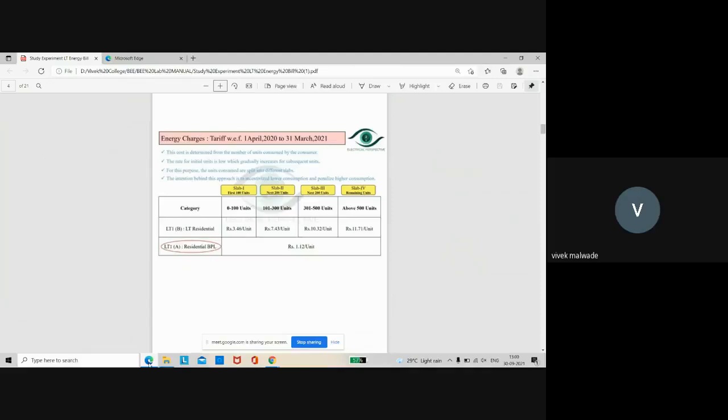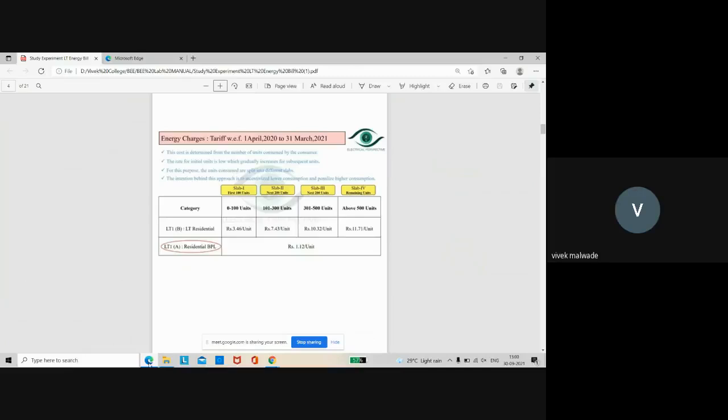अगर आपकी रीडिंग मीटर की 100 के ऊपर है, मीन्स it can be 101, 102, 103, 140, 190 till 300, 101 से 300 यूनिट अगर आपका उसके बीच में बिल है तो in that case the first 100 units are charged 3.46 per unit only, but after 100 units the charge increases to 7.43 per unit, and if you are using more than 300 units till 500 units it is charged rupees 10.32 per unit.